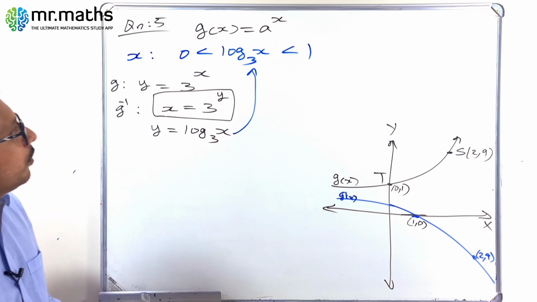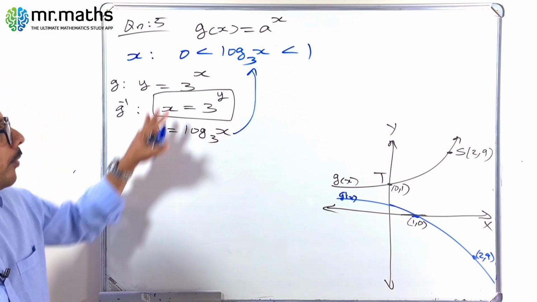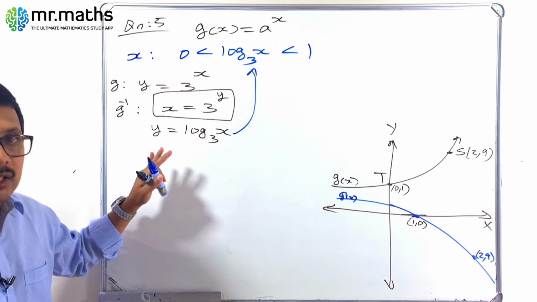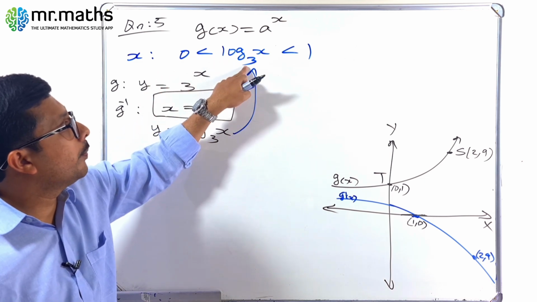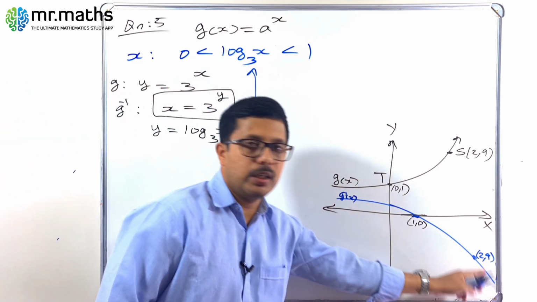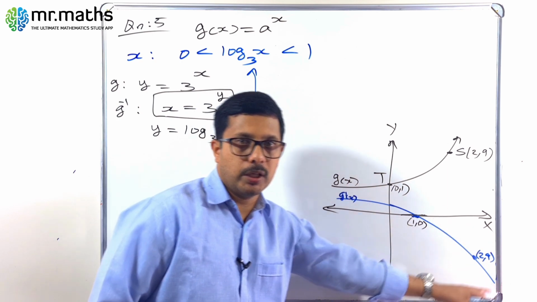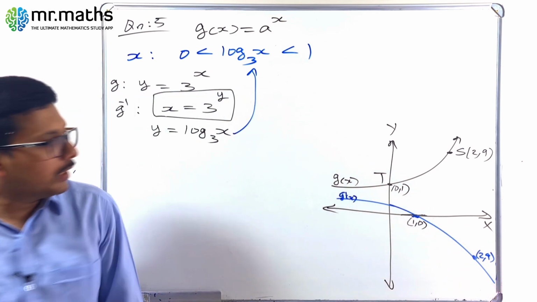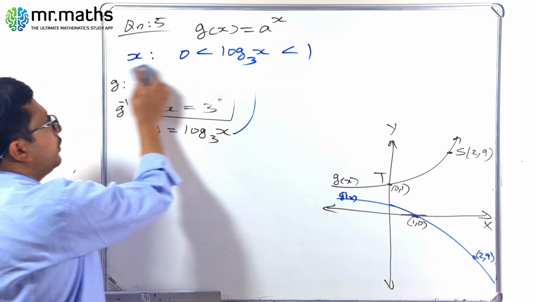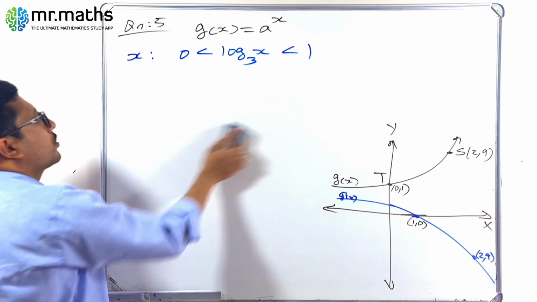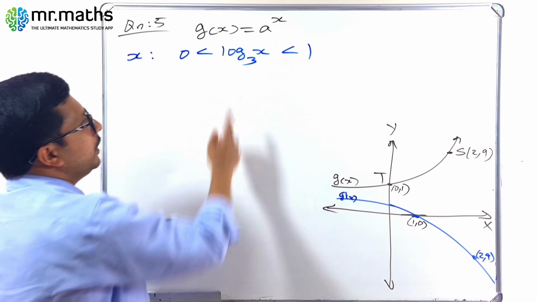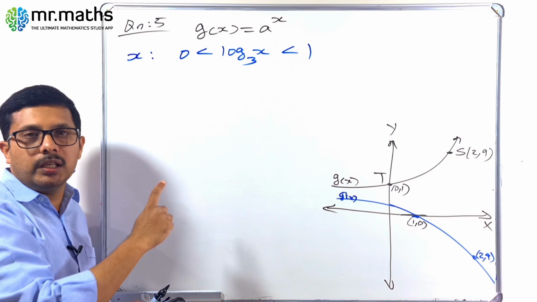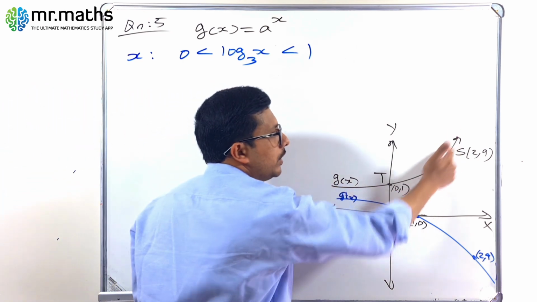So now look at the question. Now you have to understand that this log x to the base 3, they are talking about this inverse graph, the g inverse graph, the inverse of g of x.